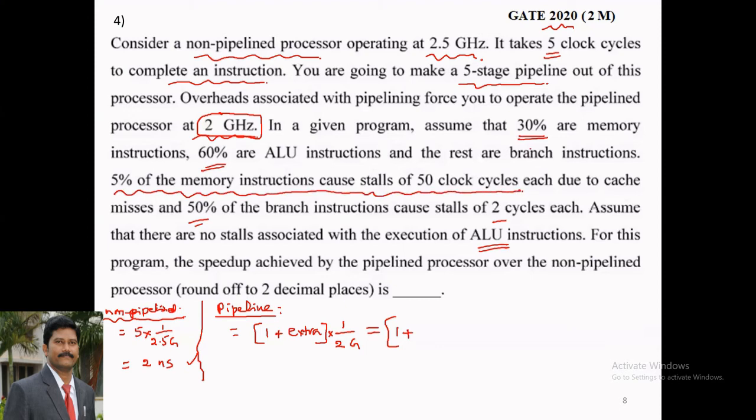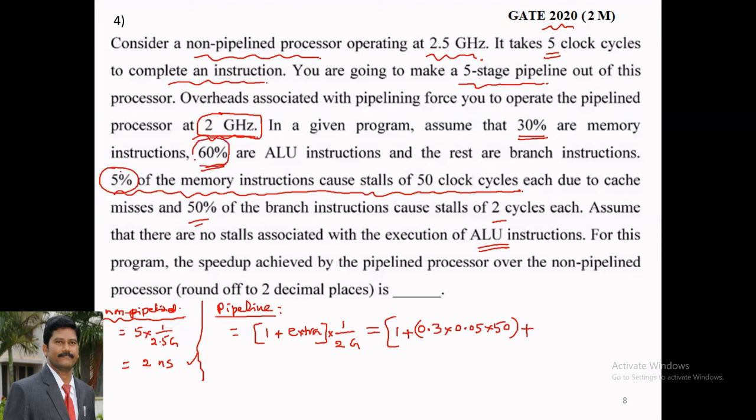Of the total 30% memory instructions, only 5% will take 50 clock cycles extra. So 0.05 into 50. What is the meaning of this? Of the 30% memory instructions, 5% will take 50 clock cycles extra. This is the extra time related to the 30% memory instructions.